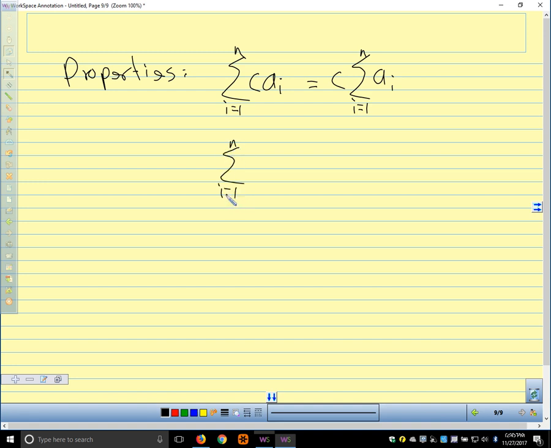If we have two sums that are added or subtracted to each other, we can combine those together.